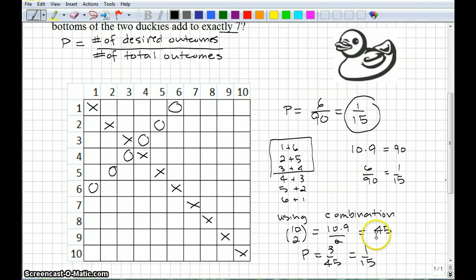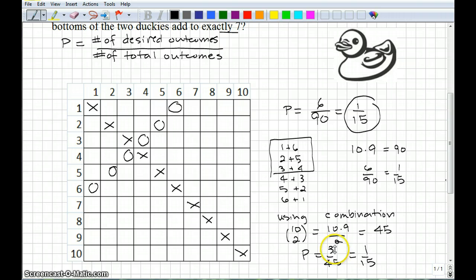The key here is that if you choose permutations to do your probability, you have to make sure that your numerator and your denominator are both done using permutations. So be consistent. If you're using combinations, you have to make sure that the numerator and the denominator are both combinations.